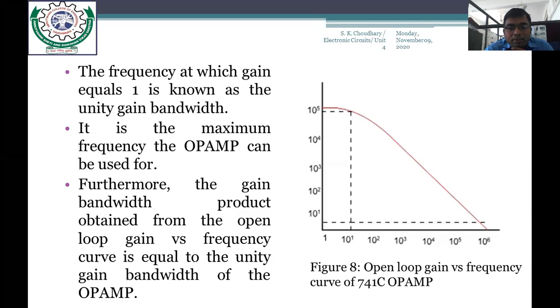So you can see from this particular diagram, the maximum gain is achieved here, that is nearly 2 lakhs, and that starts to decrease as we increase the frequency on the x-axis. Also, the cut-in frequencies are mentioned here, nearly 5 to 10 hertz, and unity gain is achieved when you get the frequency of 1 megahertz.